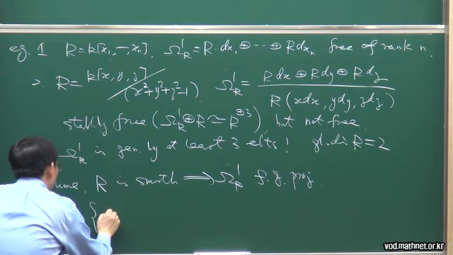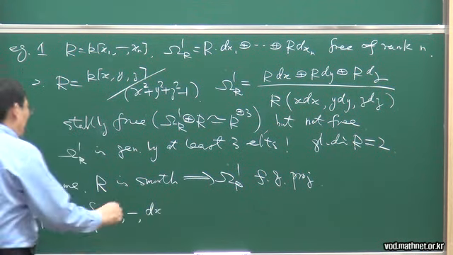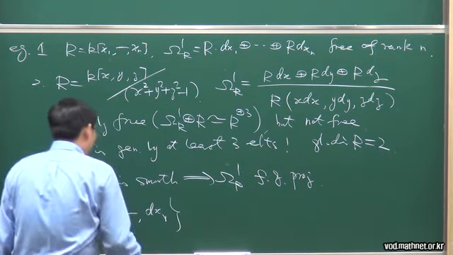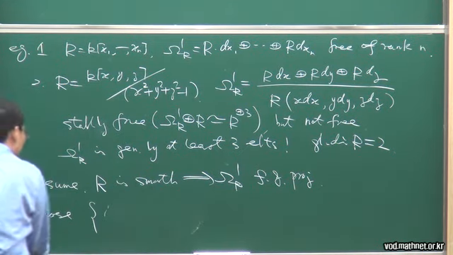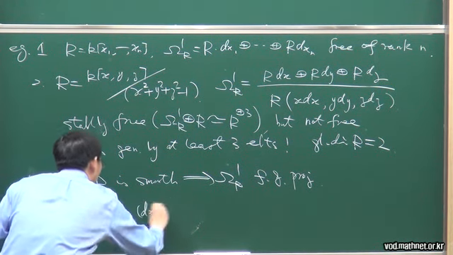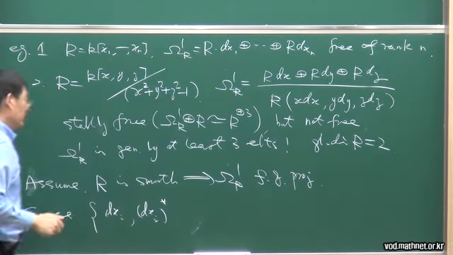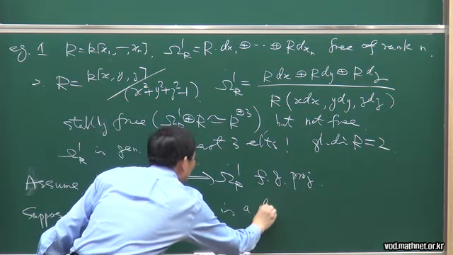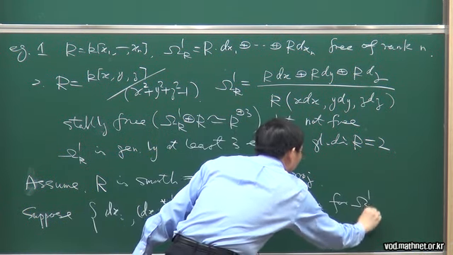So I suppose dx_i and dx_i star, where dx_i star is in the dual module of this projective module. It's a dual basis for the Kähler differentials.